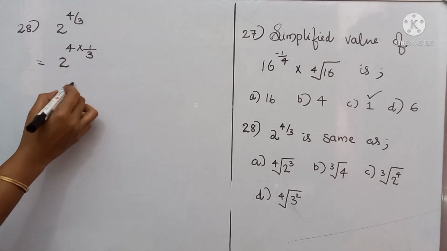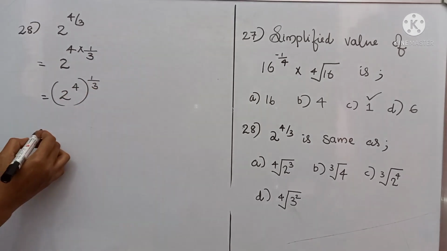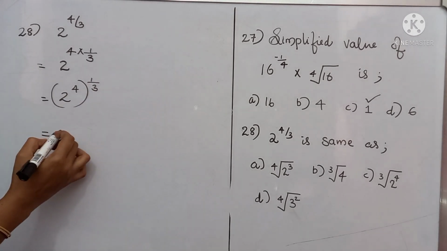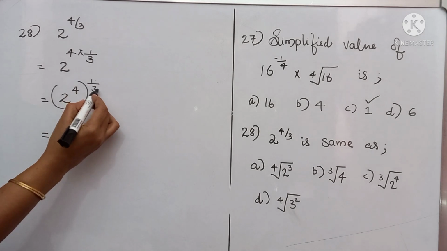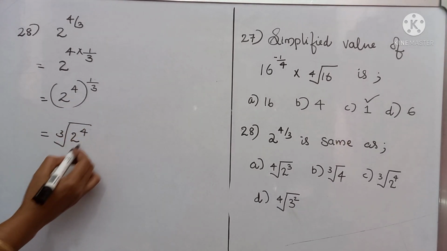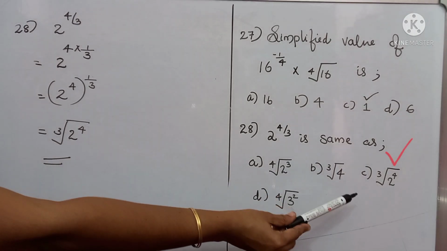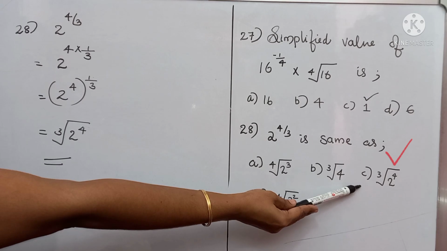That is equal to 2 raised to 4, the whole raised to 1 by 3. So you could understand the 1 by 3 came here as the cube root. So it is the cube root of 2 raised to 4. So option C is the answer here, cube root of 2 raised to 4.